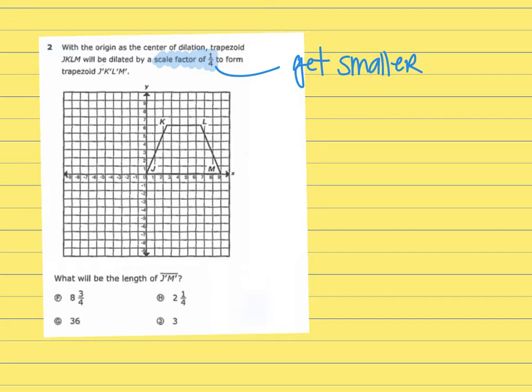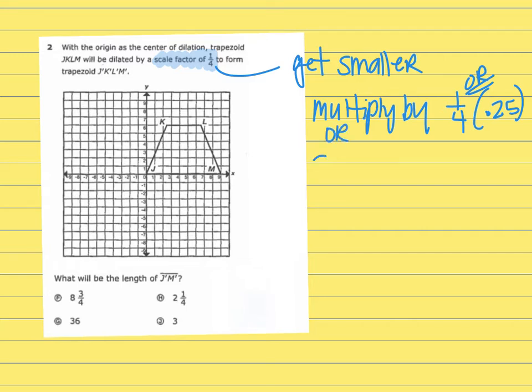Now, to apply that, my choices are either to multiply by 1/4, or it could be 0.25. So that's your or if you use multiplication. Since the fraction has a 1 as the numerator, you could also divide by 4.